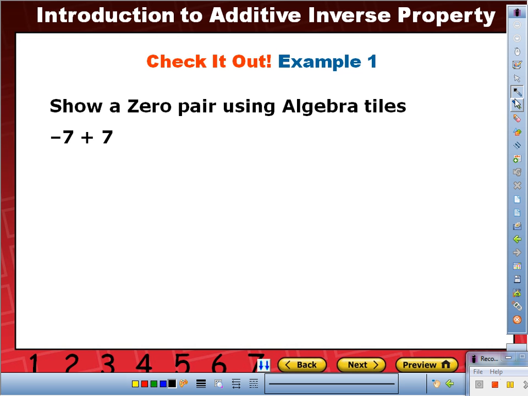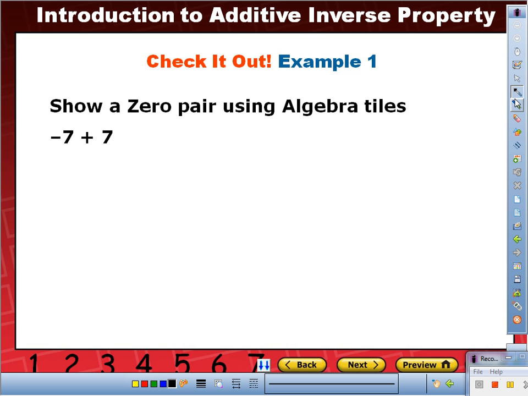It says, example 1, show a zero pair using algebra tiles, negative 7 plus 7. Copy it first.